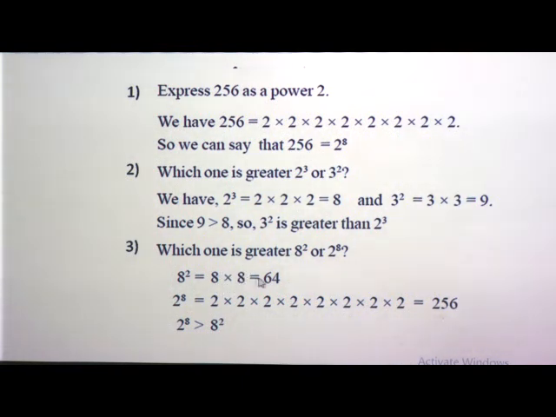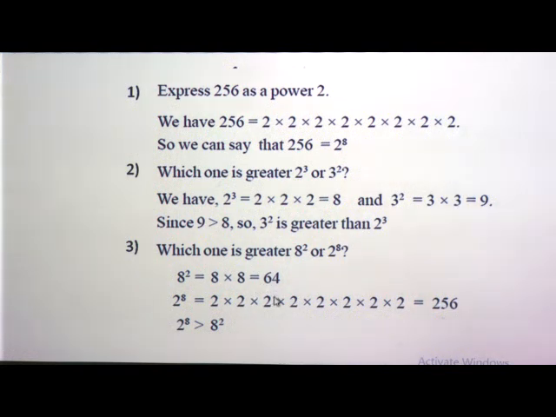So, 8 8s are 64. And here the base is 2 and the exponent is 8, so we are going to multiply the base 2 eight times.